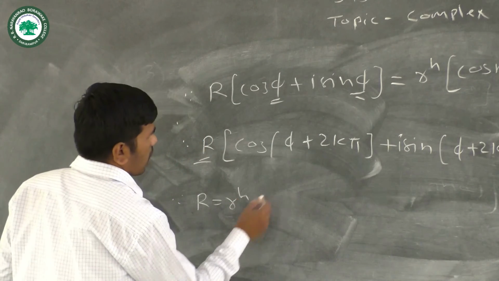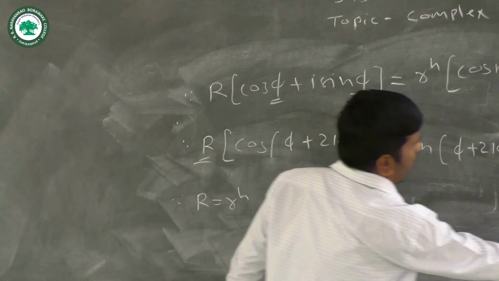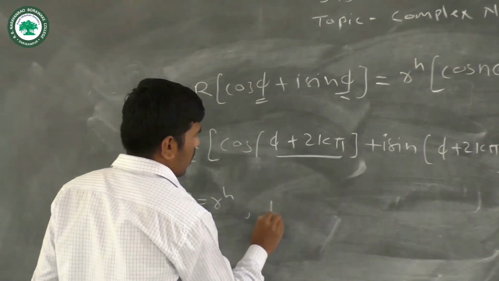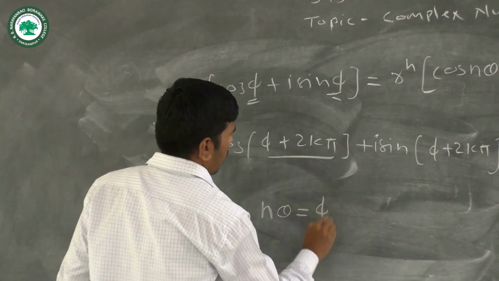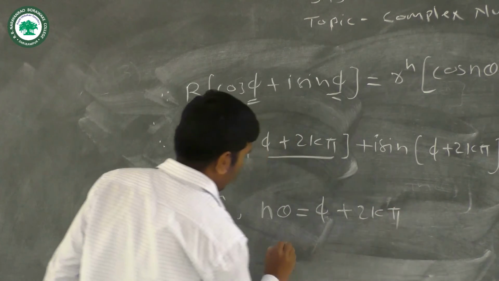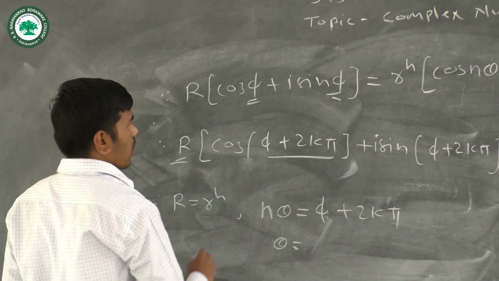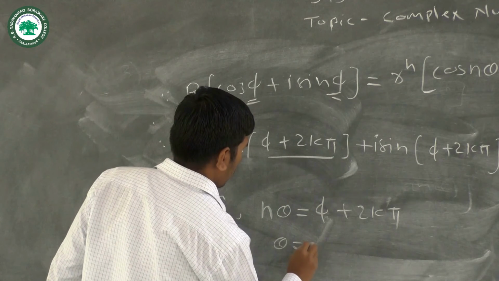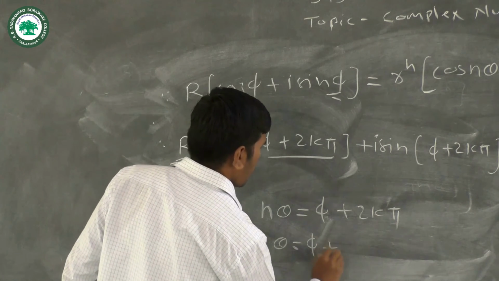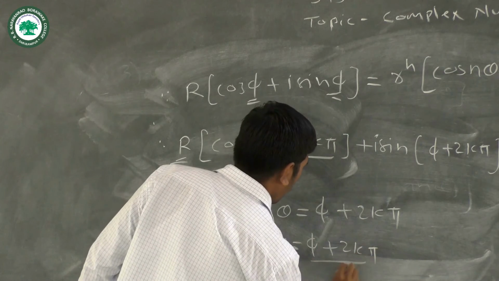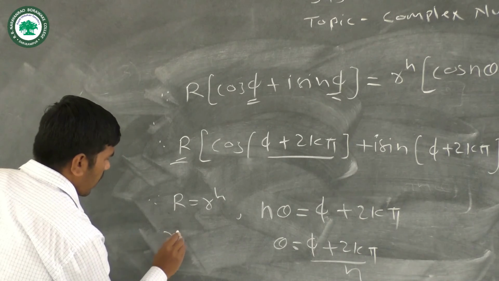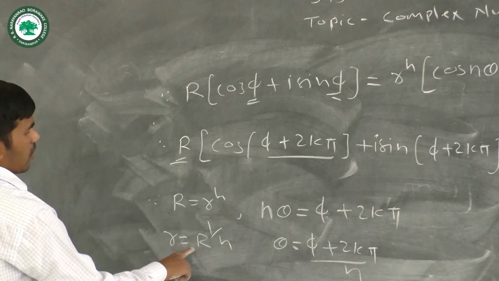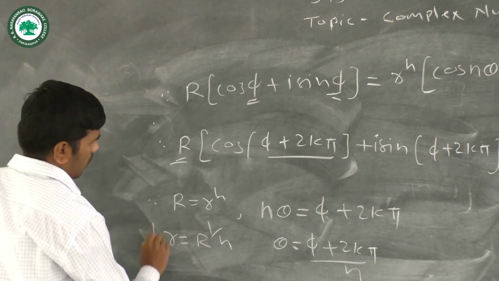And also if we compare this n theta with phi plus 2k pi, what do we get? n theta is equal to phi plus 2k pi. So theta, that is the argument of this complex number, we can write as theta is equal to phi plus 2k pi divided by n, and here small r is equal to capital R power 1 by n.